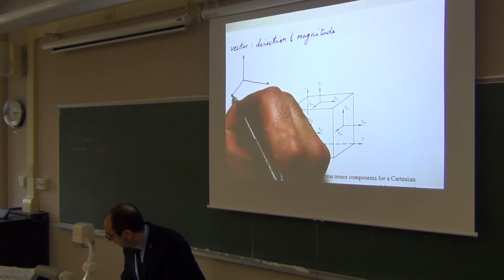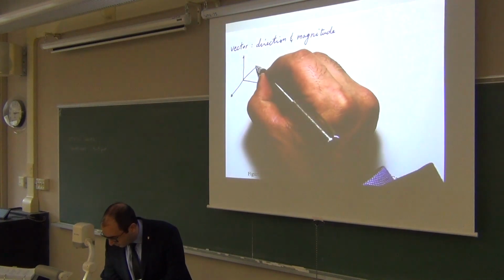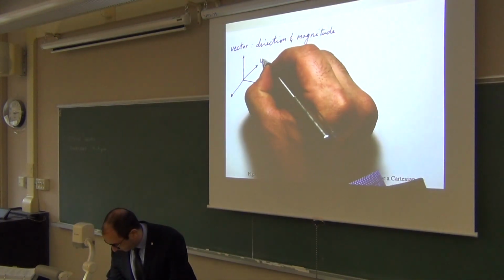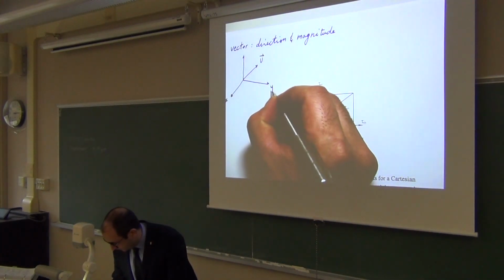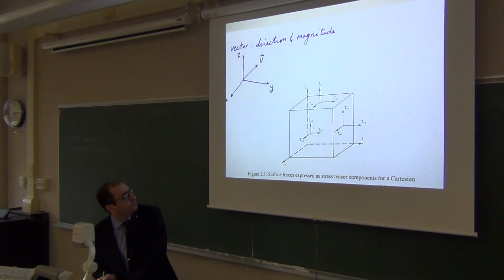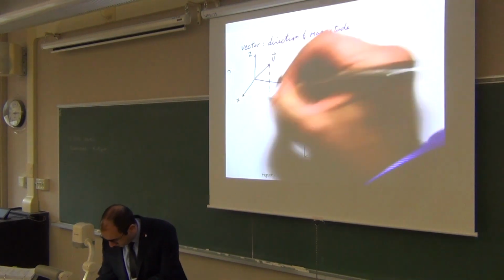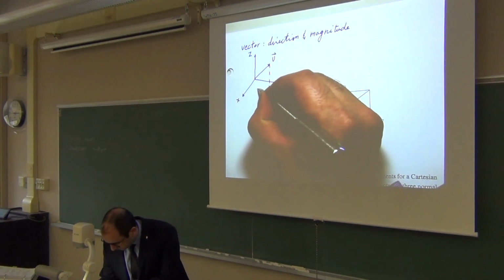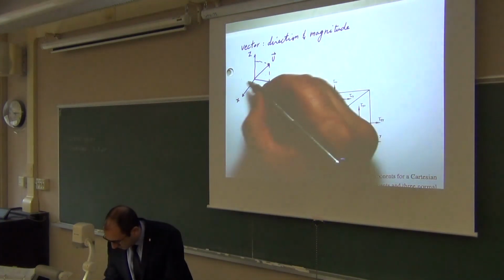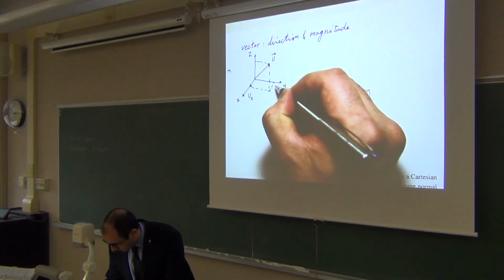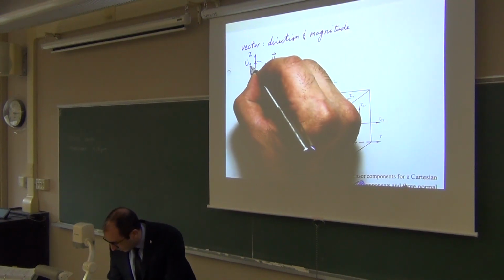And we all have worked with the Cartesian vector. Let's say you have some velocity vector u in the x, y, z coordinate system. You could decompose it into three components, so that you would get ux, uy, and uz.